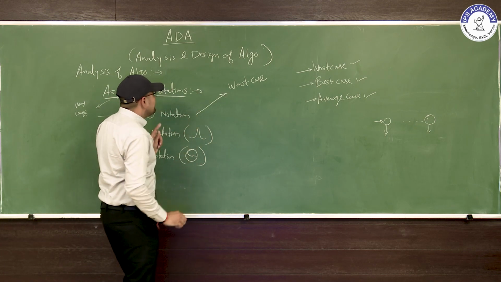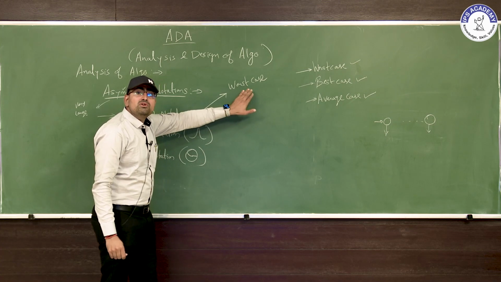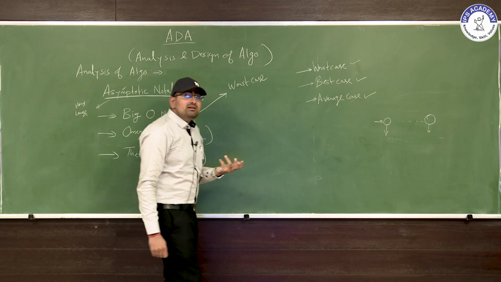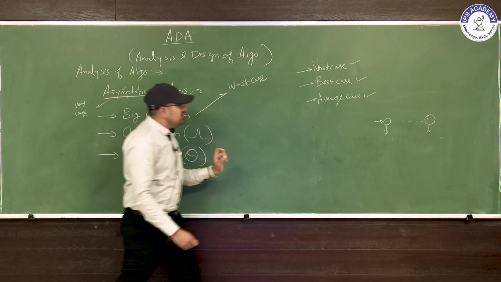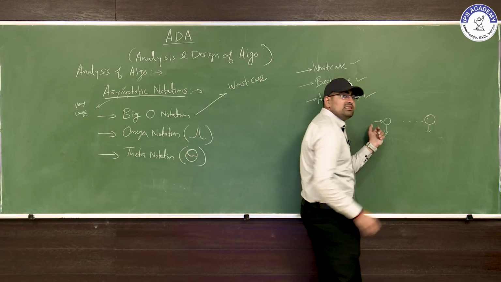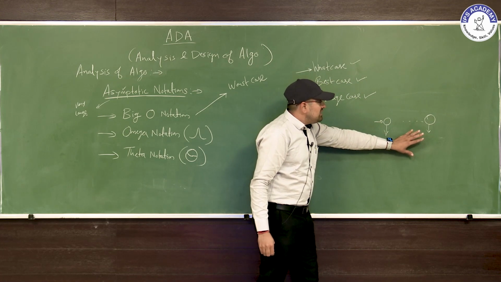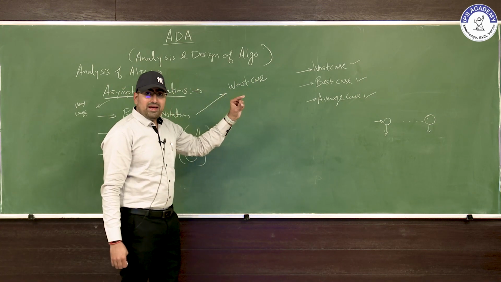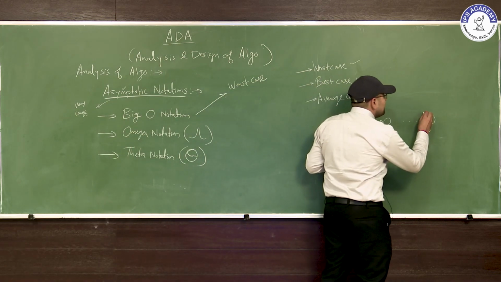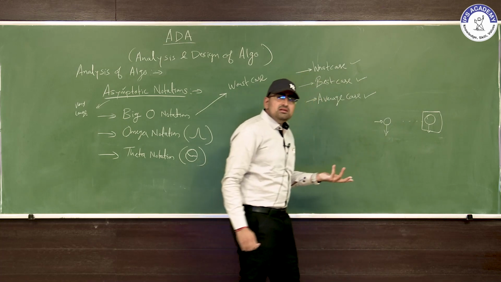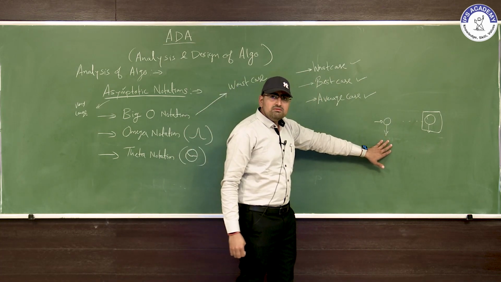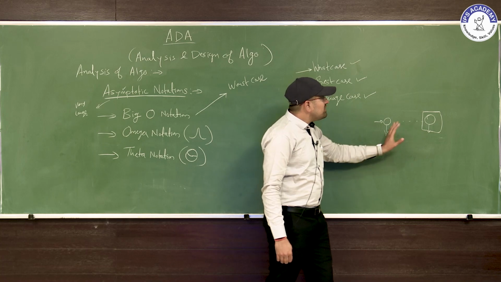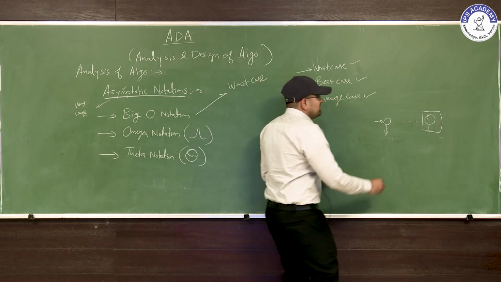And listen carefully: the worst case is the most important case as far as computer science is concerned, because we can guarantee that we would find it within that particular time. Like in the searching example I took, if I want to give the guarantee that we would get that particular object in that span of time, I need to give the worst case time, because maybe if we are lucky we get it at the first place itself, maybe it is situated somewhere in between in the list, or if we are not lucky enough then we would get it at the last place.